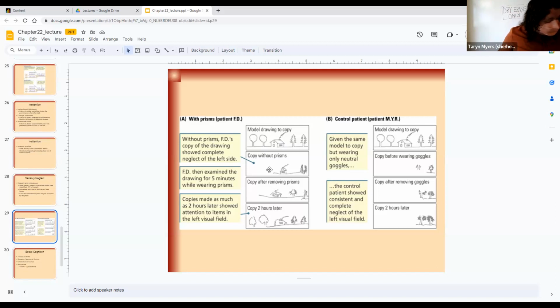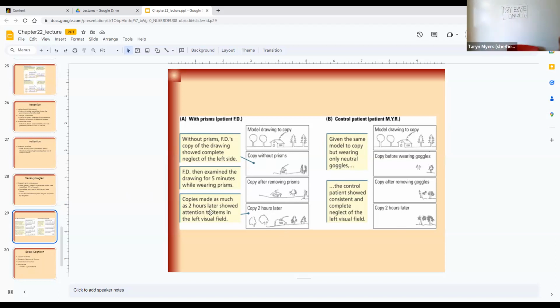And so it seems like the executive attentional system, the part of your frontal cortex that tells the rest of your brain, hey, pay attention to everything, was sort of activated by using those glasses. And then they did the same thing with the control patient, but they had them wear goggles instead of these prism glasses. And as you can see, it didn't change it like this did.